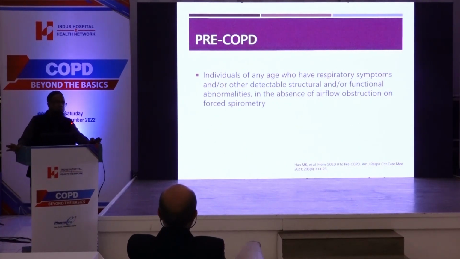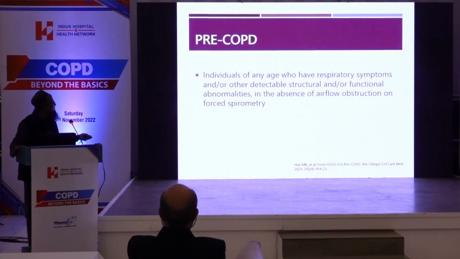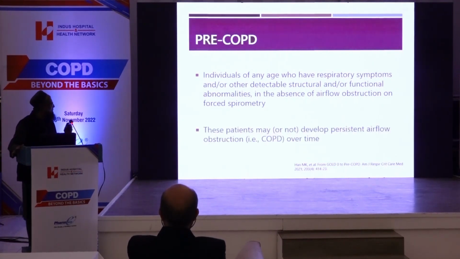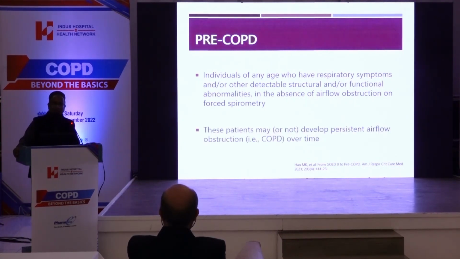Pre-COPD patient clinically symptomatic है, but PFT is normal है. So it's a pre-COPD. It doesn't mean कि हर pre-COPD वाला COPD develop करेगा, but these are the symptomatic patients with a normal spirometry. Spirometry में अगर ratio preserved है, we know कि diagnostic criteria, all of you know that कि post bronchodilator FEV1 to FVC ratio अगर less than 0.7 है, तो it fulfills the diagnosis of COPD.